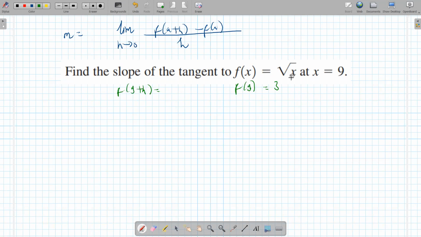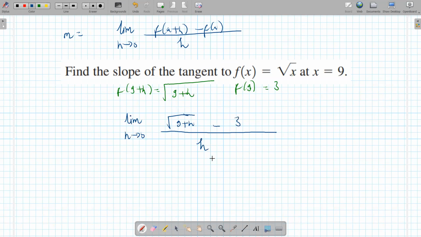So there's an x here. What's f of 9 plus h? Square root of 9 plus h. Yeah, like that. Now we're just going to apply the formula. So it's going to become limit as h approaches 0 of f of a plus h, that's square root of 9 plus h, minus f of a, so that's a 3, all over h.